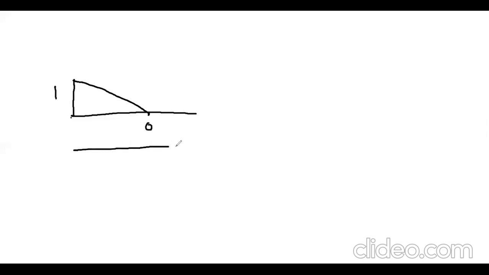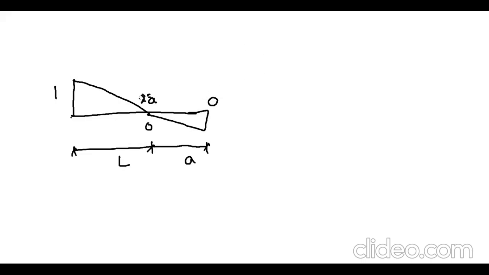This is the distance L. From here to this point it is A. Now when the value starts from 0, the RA value becomes minus A by L. When it is A, this becomes 0, meaning it is coming like this. Here the X value is 0, here the X value is A.